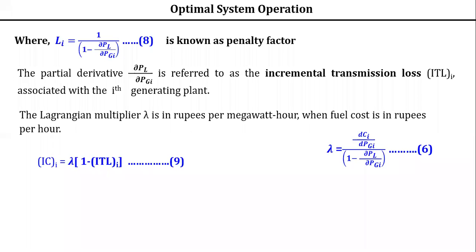In competitive exams they will ask this: when you consider transmission loss and when you do not. The answer is, when the units are situated at the same plant, you neglect the transmission losses.